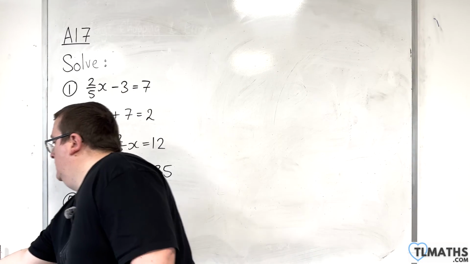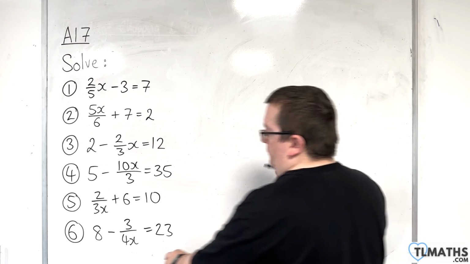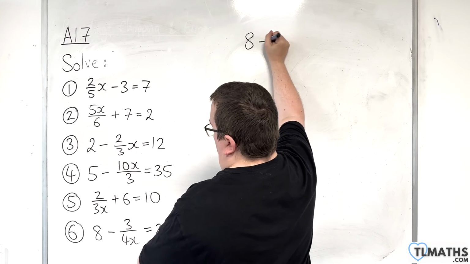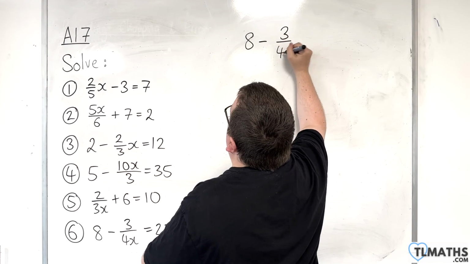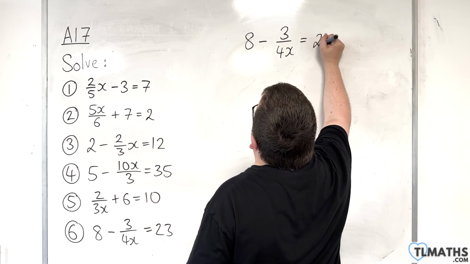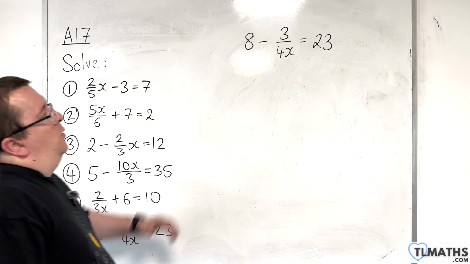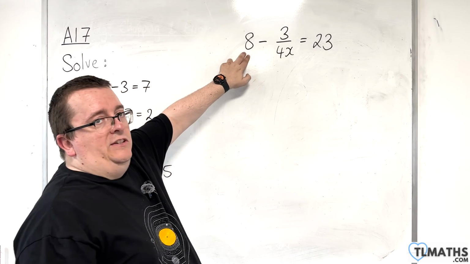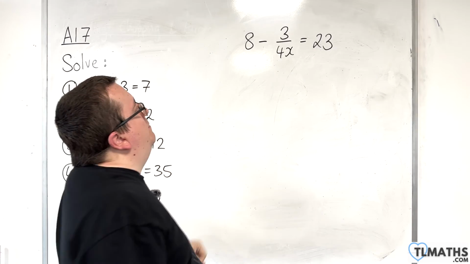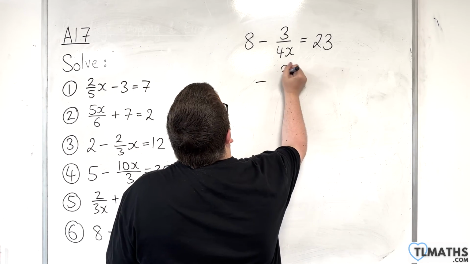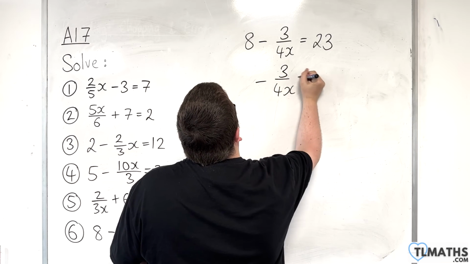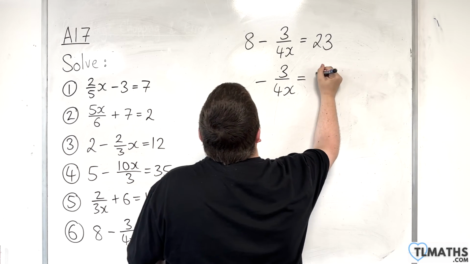Okay, so finally number 6, we have 8 take away 3 over 4x is equal to 23. So we've got this plus 8 on the left-hand side, so let's take 8 from both sides first. So 23 take away 8 is 15.